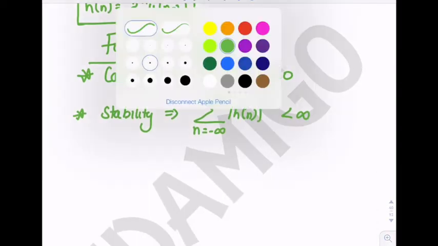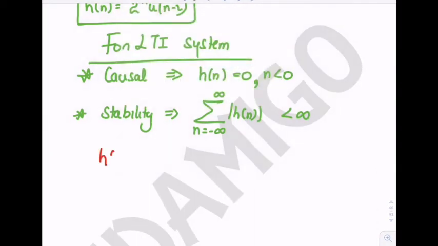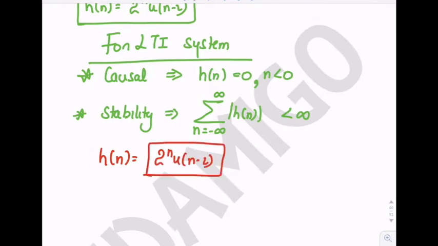Now as we can see, h[n] is equal to 2^n u[n-2], so this signal is equal to 0 for n less than 2 and is equal to 2^n for n greater than or equal to 2.